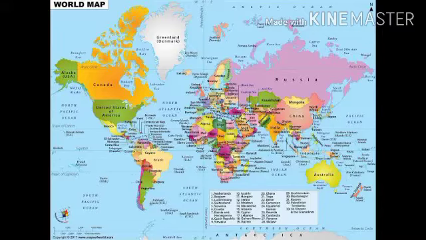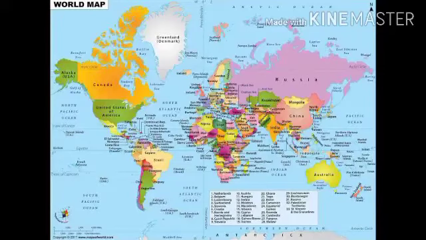The upper part is known as the northern hemisphere, and the lower part is known as the southern hemisphere. The equator passes through the middle of Africa. The Tropic of Cancer as well as the Tropic of Capricorn also pass through Africa.